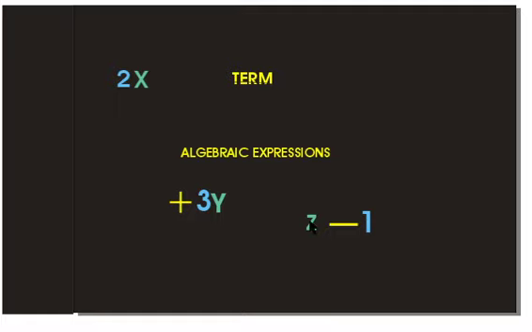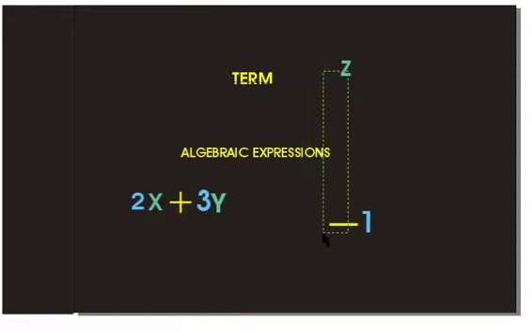Or if you take only z, it's called a term. If you combine 2x plus 3y, you'll find that we have two terms separated by the plus sign. One is 2x, another is 3y.